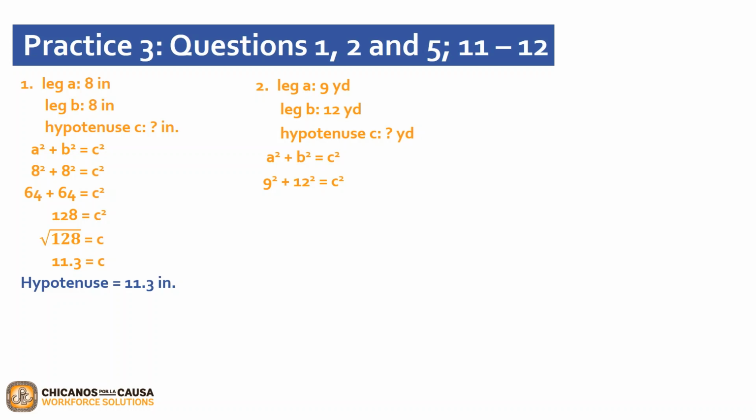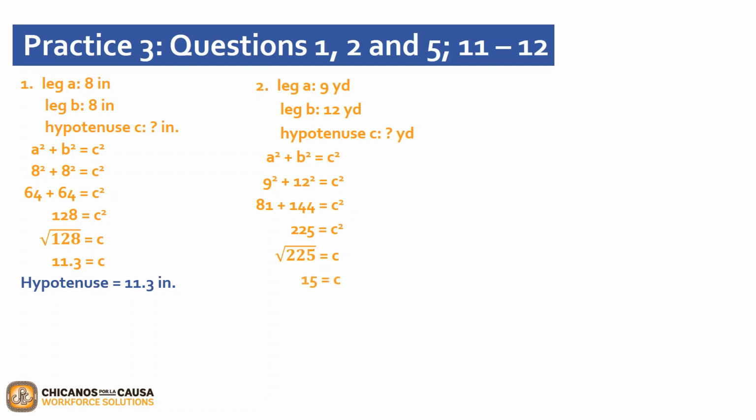We're going to simplify it, which gives us a total of 81 plus 144. We're going to simplify it even more, and that's going to be 225 equals C squared. So when we simplify that, we are asked to calculate the square root of 225, giving us an answer of 15.